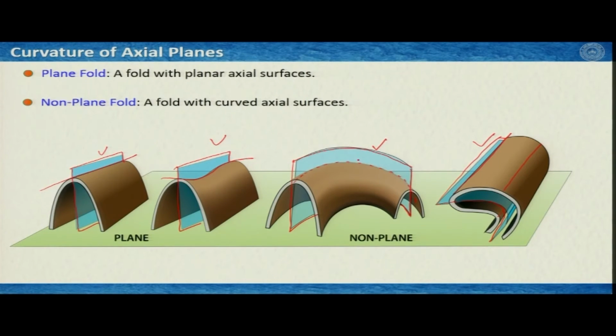However, in this case the fold axis is not straight, here the fold axis is straight. So, we learned that plane fold and non-plane fold are simply defined by whether the axial surface is planar or curved. It does not have any relation with the orientation of the fold axis or whether the fold is cylindrical or non-cylindrical.